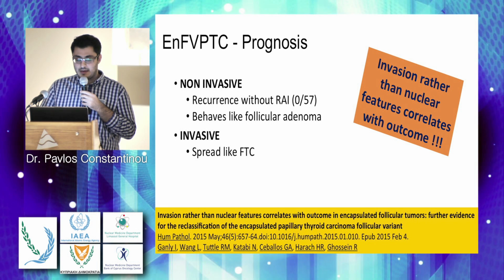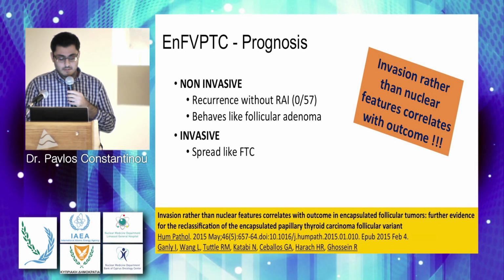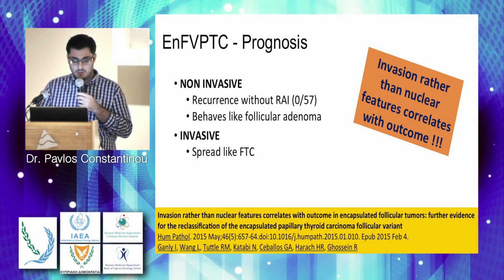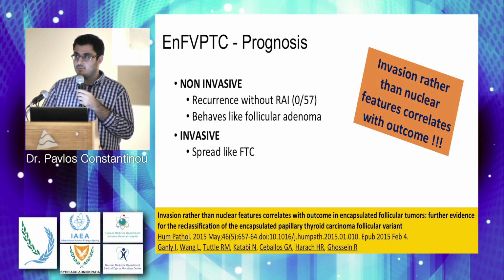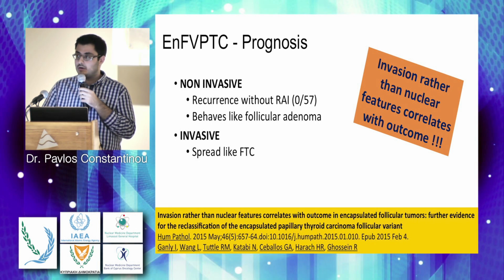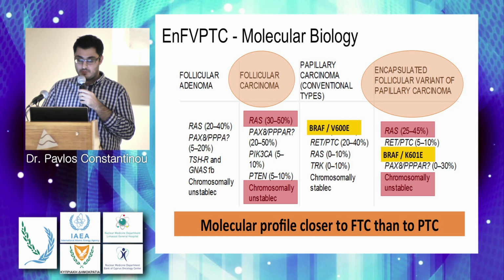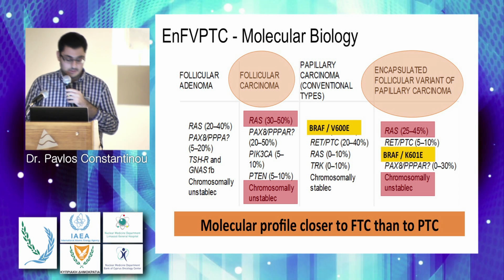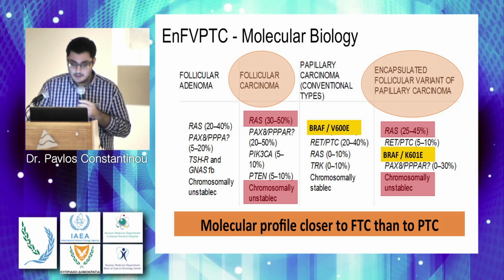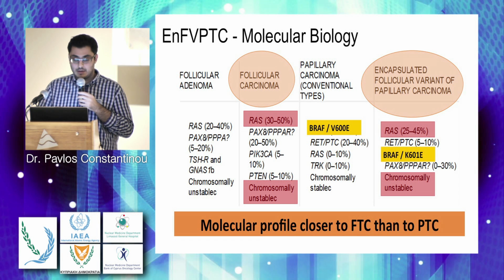But this paper here, published in Human Pathology earlier this year, shows us that for this type of neoplasia, the invasion, rather than the presence of nuclear features, correlates with patient's outcome. Also, the molecular biology of this variant of papillary thyroid carcinoma has more similarities with the follicular carcinoma than the papillary carcinoma.